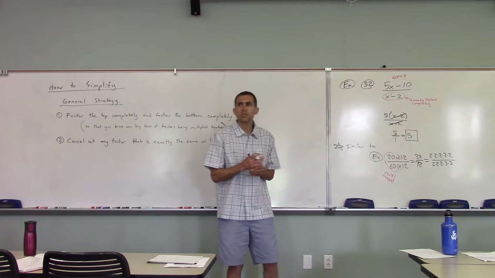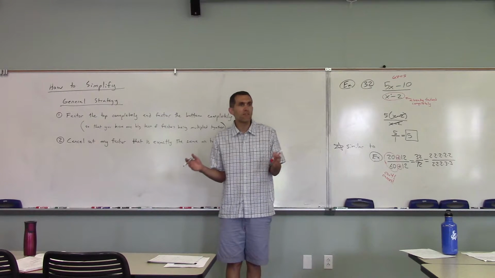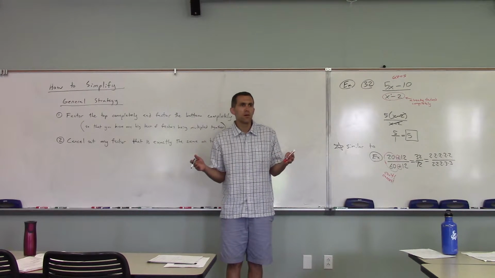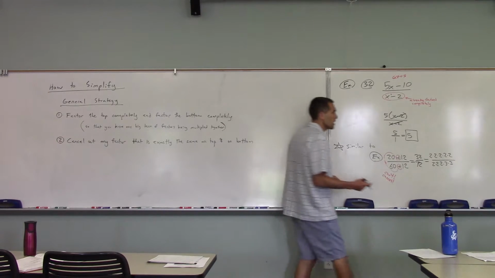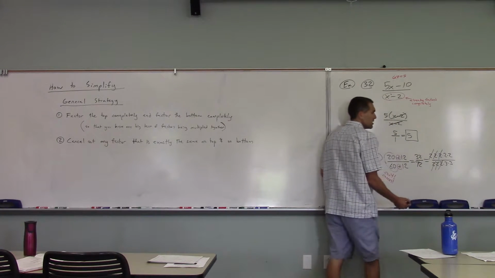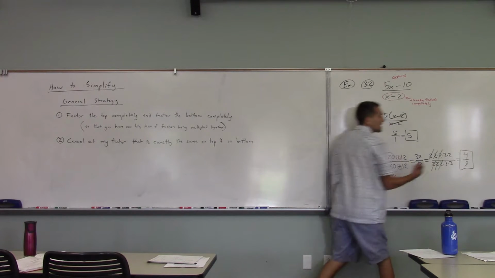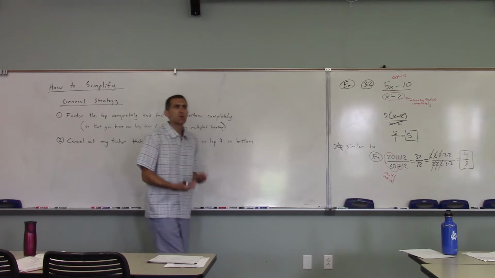And so if I were to split it up into its factors, I could exactly cancel out every factor that shows up on top that also shows up on bottom. Well look, 1, 2, 3, 2 shows up on top and bottom, and that's equal to 4 9ths. So the exact same way I deal with numbers is what I'm doing now.